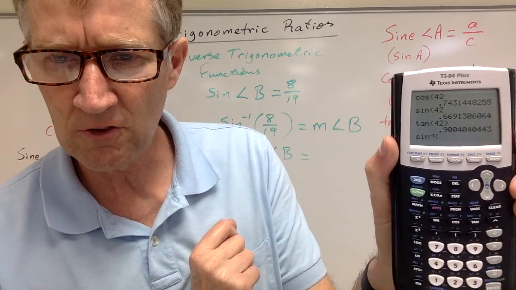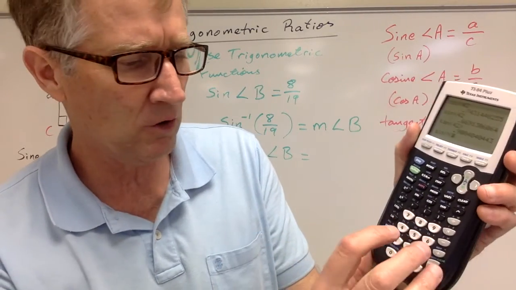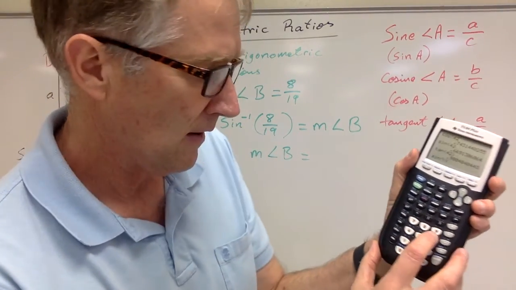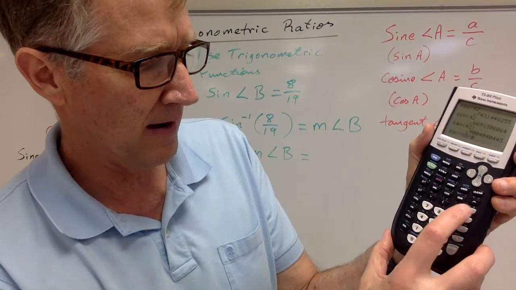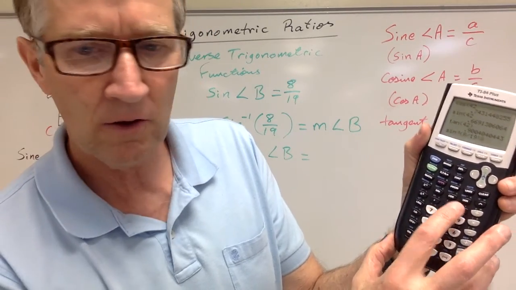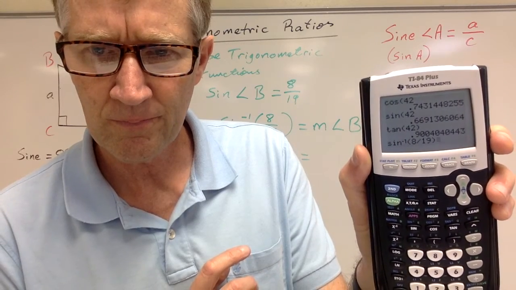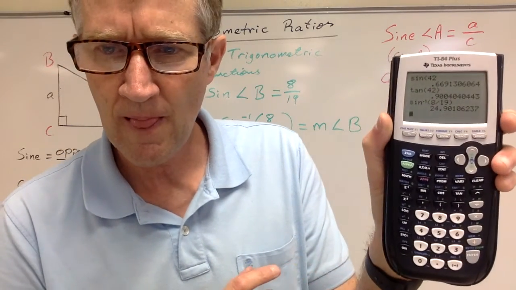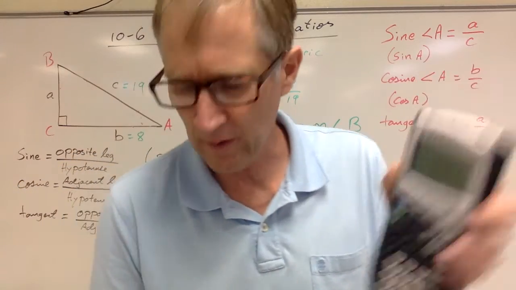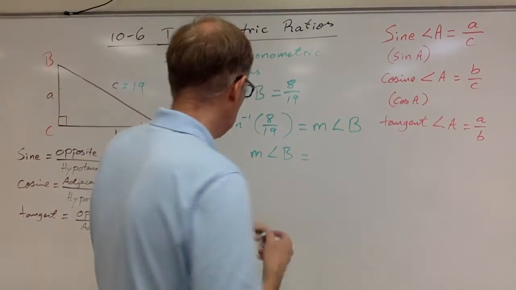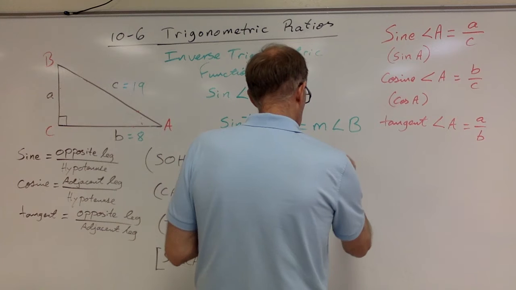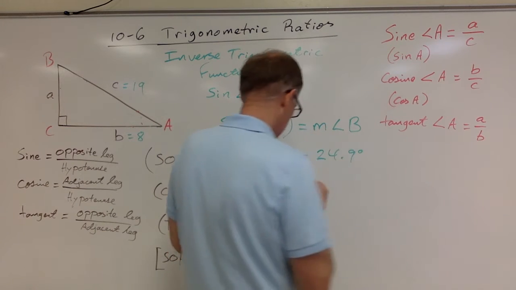So now see that's sine to the -1. Use your parentheses here. 8 divided by 19, close parentheses. Press enter. It's 24.9 degrees. About 25. We'll call it 24.9 degrees.